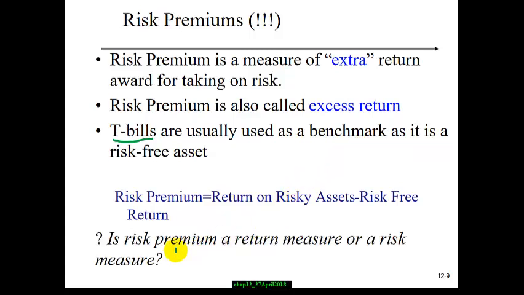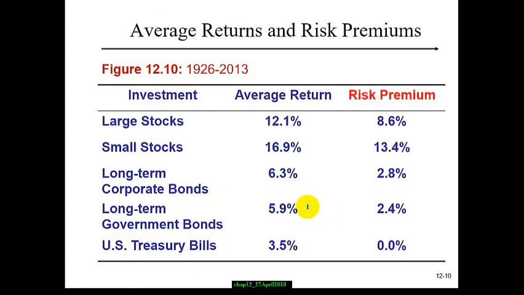Question: is risk premium a return measure or a risk measure? Pause a moment. What's your answer? The correct answer: risk premium is a return compensation, a return measure. Let's now take a look at how to calculate the risk premium for the securities we mentioned earlier. For example, the average return for large company stock is 12.1.